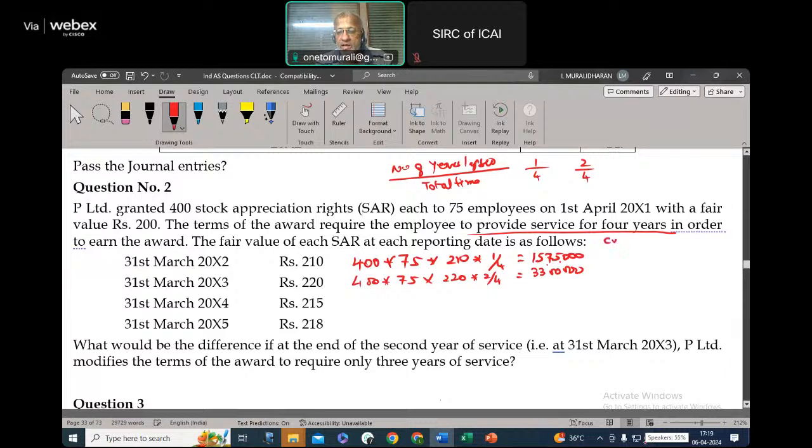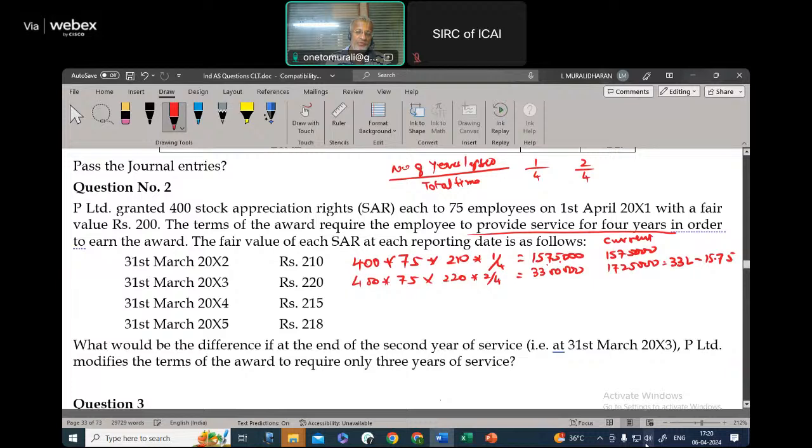For the current year, it is going to be 17 lakhs 25,000. How come? 33 lakhs minus 15.75.